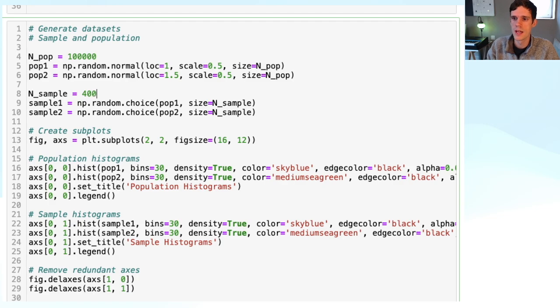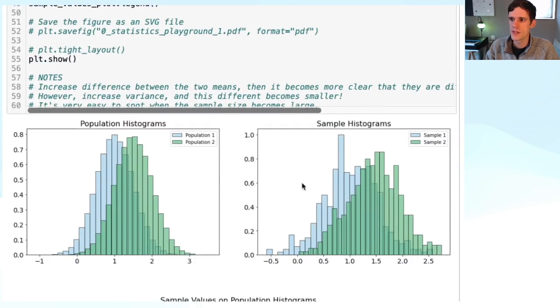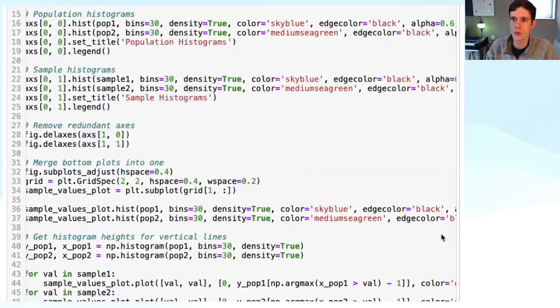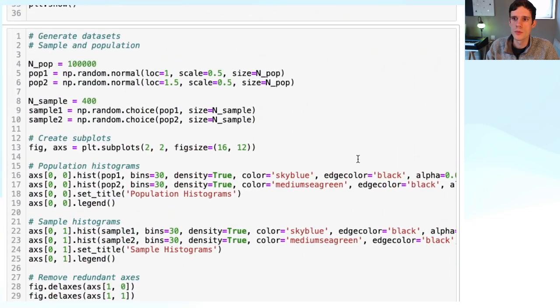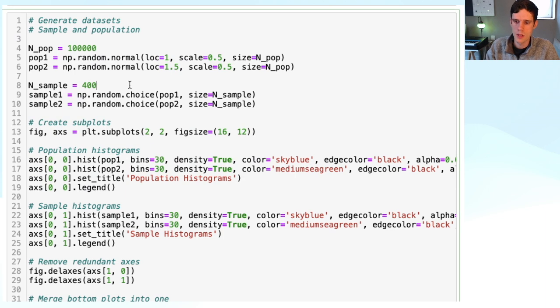Let's say that we increase our sample size by a factor of 10. Then we see that also from the sample histograms, it becomes much clearer that these are indeed coming from different underlying populations. And now that you know how this code works, I strongly recommend that you play around with these numbers and see how you can change them to get more insights into the underlying concepts.